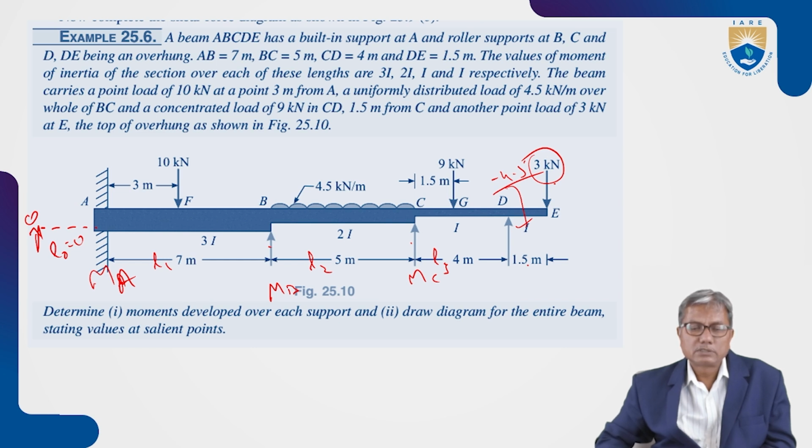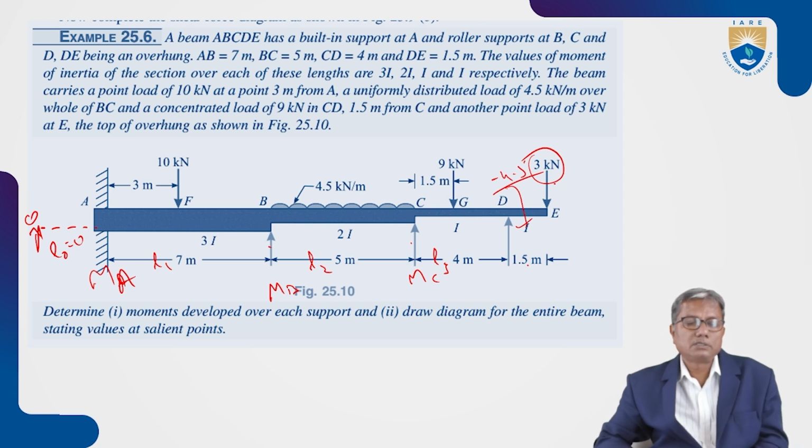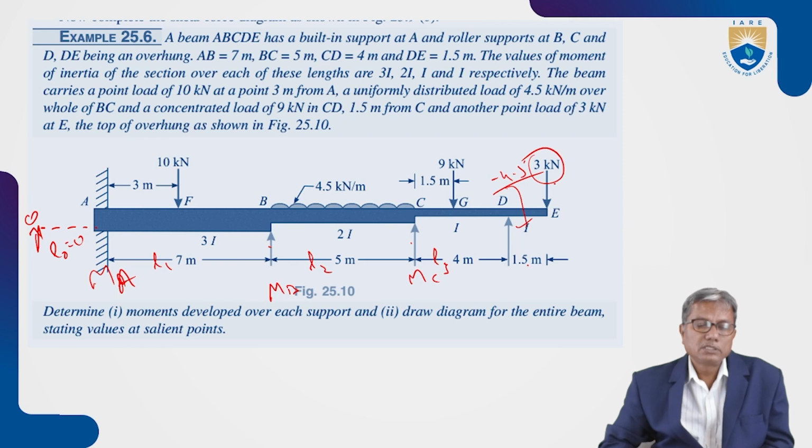So let us go through this. A, B, C, D, E has a built-in support at A and roller supports at B, C, and D, DE being an overhang. AB is 7 meters, BC 5 meters, CD is 4 meters, and DE is 1.5 meters.